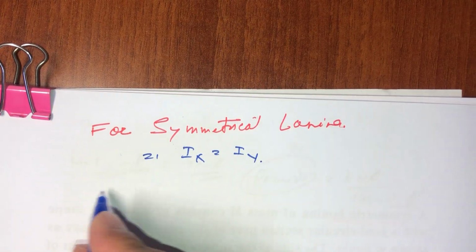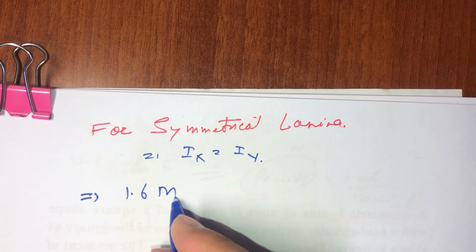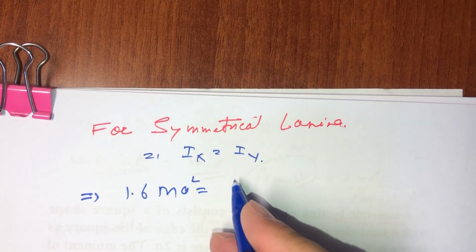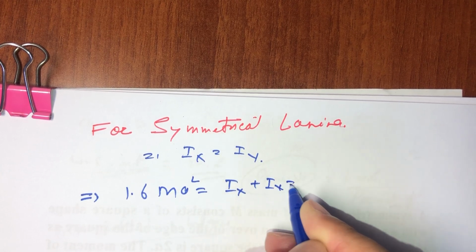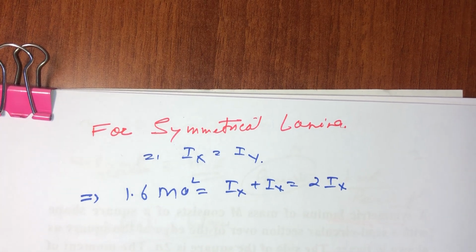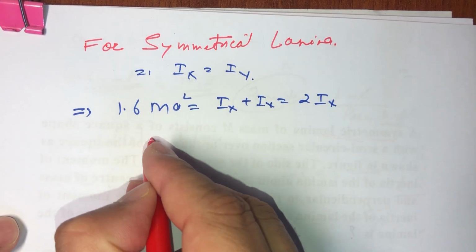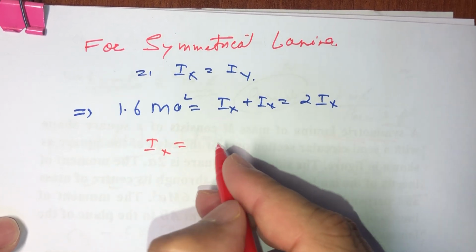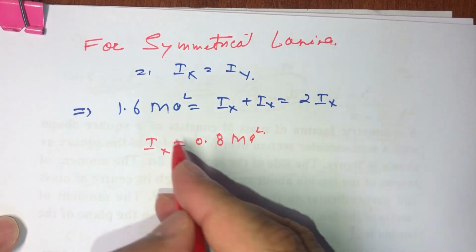Therefore, we can say that 1.6 ma square is equal to Ix plus Ix, which is equal to 2Ix. So from here we can find out value of Ix. So we get Ix is equal to 0.8 ma square.